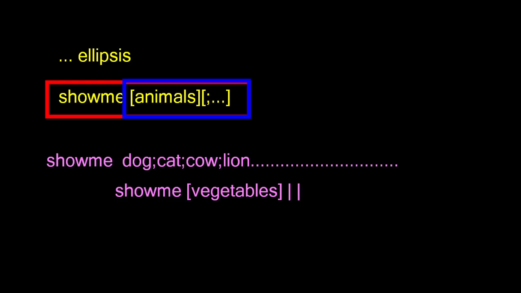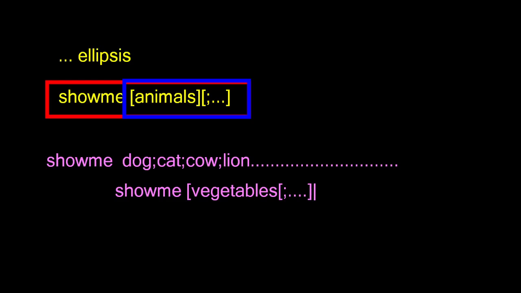So meaning you cannot combine these two, because I put a split vertical bar. So vegetables followed by dot dot dot. You can type a lot of vegetables, but I have to limit you that you cannot combine vegetables with dogs or animals. That's why I'm putting a split vertical bar here.